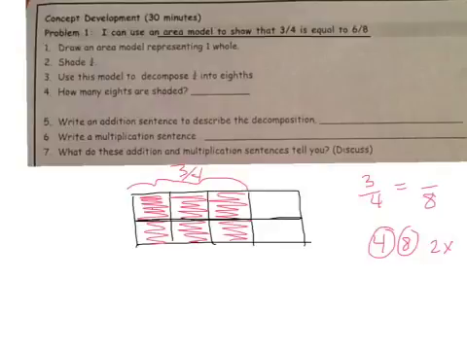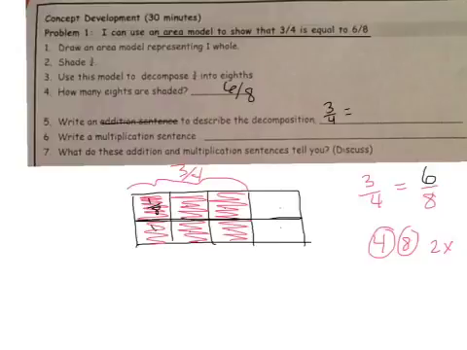So 1, 2, 3, 4, 5, 6. 6 shaded out of a total of 8. So that means I have 6/8 shaded.